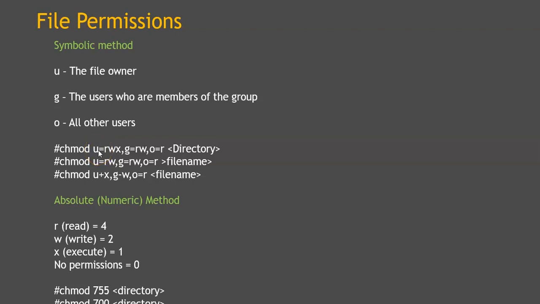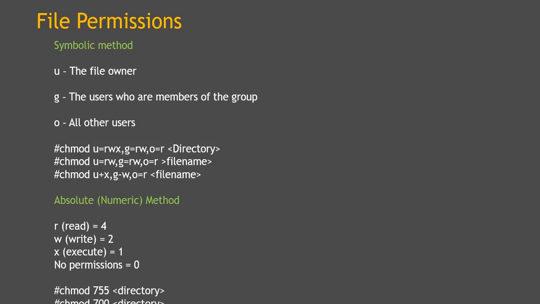So u is for user, meaning owner. Whatever permissions you have for a user, if you want to change them, you can use u equal to the permissions. But always remember, whenever you are using u equal to, u plus or u minus, you need to understand these options for user, group or others.